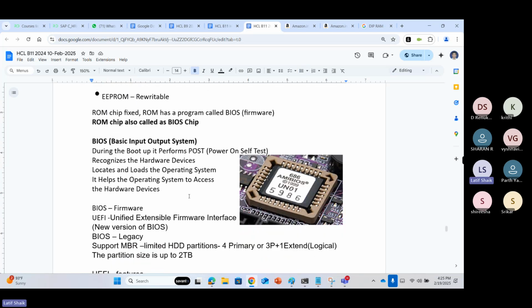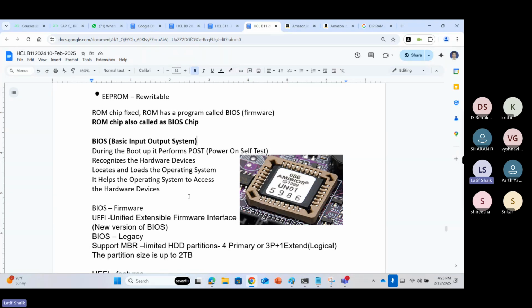BIOS, basic input output system. It helps you boot your system. It helps your system to check whether primary devices are working or not. That is called a POST operation. So your BIOS helps your system to do power on self-test operations.